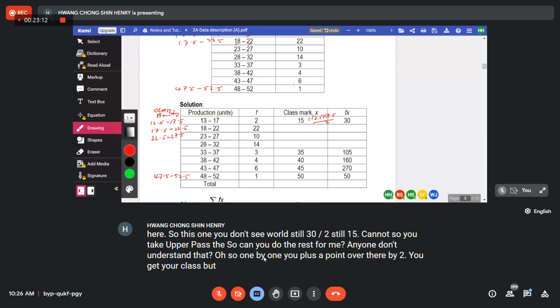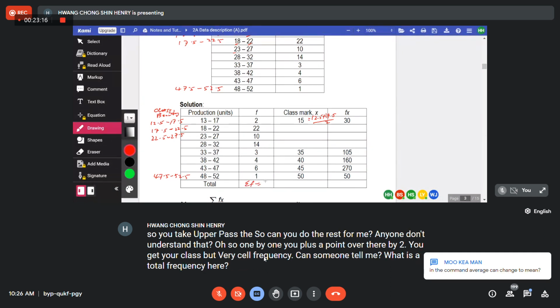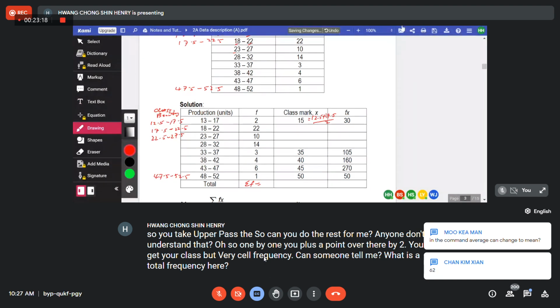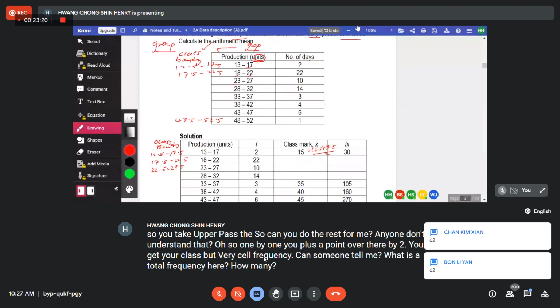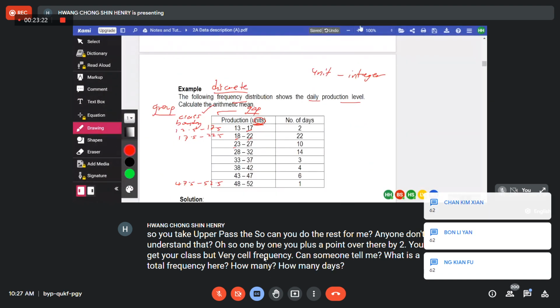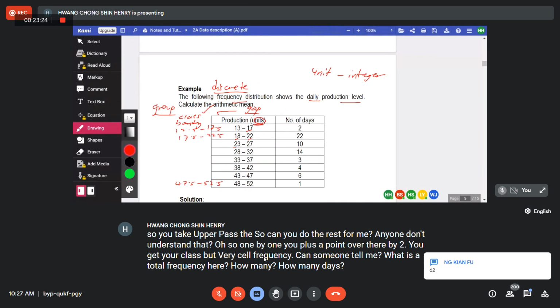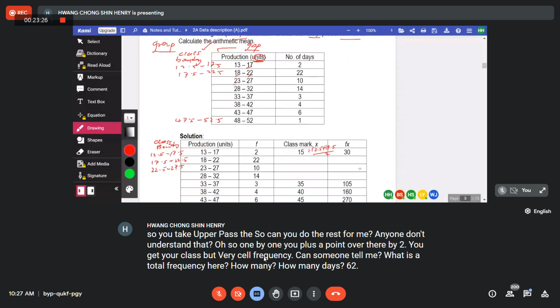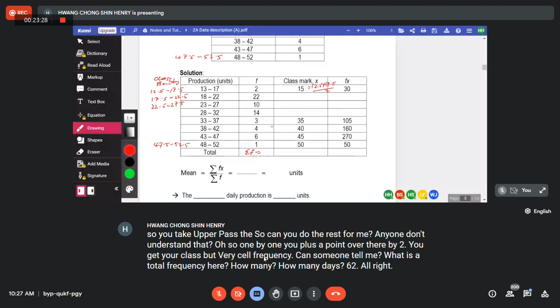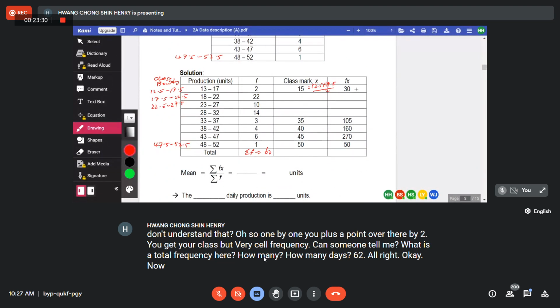So this is your frequency. Can someone tell me what is your total frequency here? How many days? 62. Correct. Okay, now you build one more column here. F times x, 15 times 2, 30.